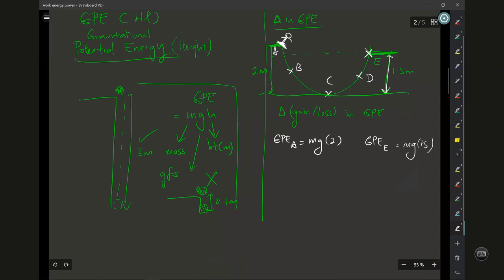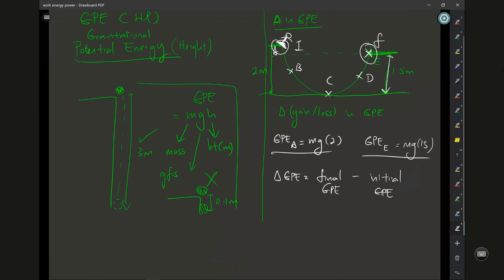Okay, so the change is also given by the same formula. Change in GPE is given by final minus initial, and of course, since we are talking about GPE, it is final GPE minus initial GPE. Final GPE is found at E, initial GPE is found at A. So we just have to look at the final point and the initial point, and then we can do a comparison.